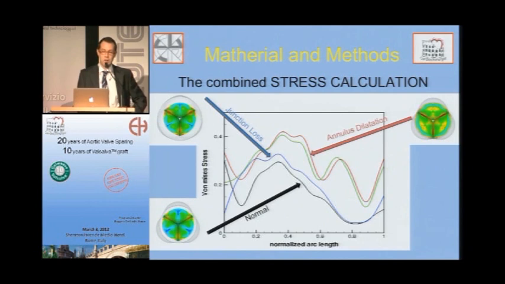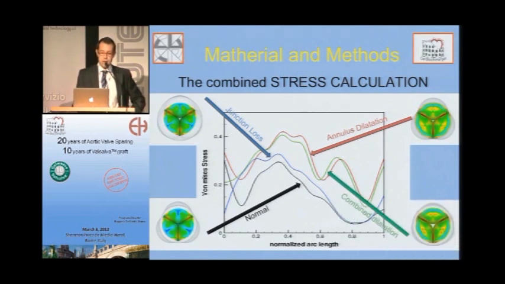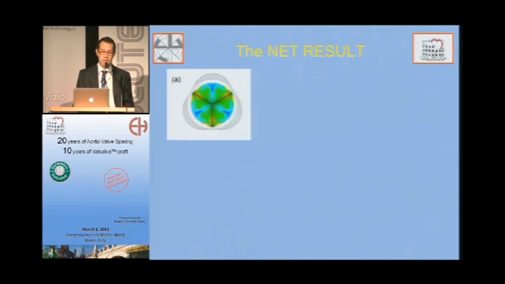Then we have the red line, which is annular dilatation, and you see it's often the worst possible case. And here we got the combined dilatation, which largely overlaps the annular dilatation, suggesting that it's the dilatation of the annulus that rules the stress on the leaflets.